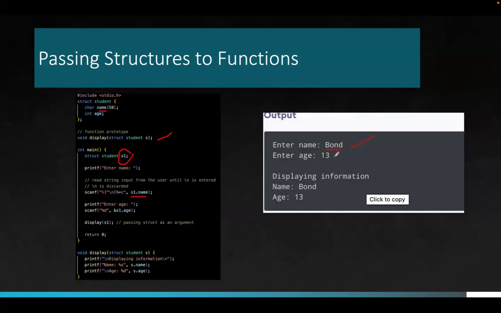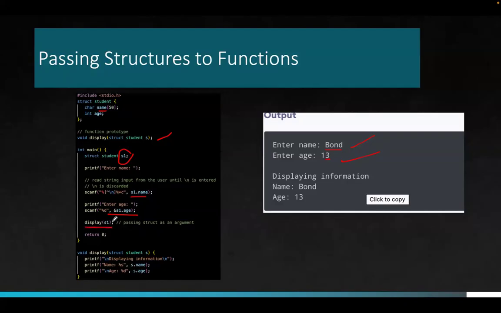After that, I will ask the user to give the age. Age is 13. After the user enters 13, it should be stored in the age member, s1.age. You have to use it to scan the data.